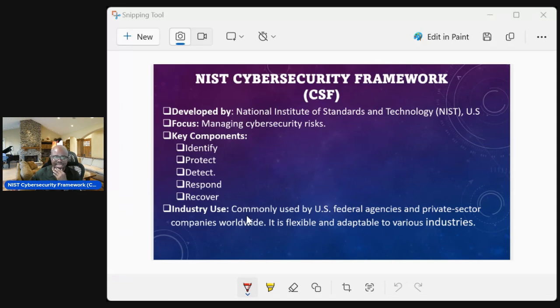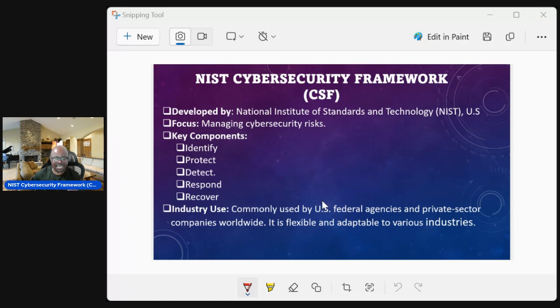Now let's look at the second component under the CSF framework, which is protect. The objective of the protect component is to develop and implement safeguards to limit or contain the impact of cybersecurity events.